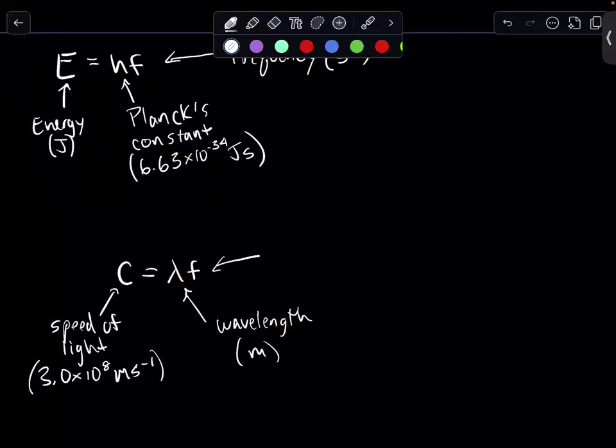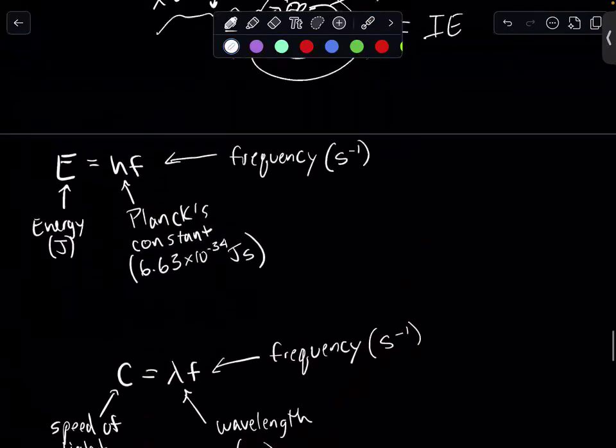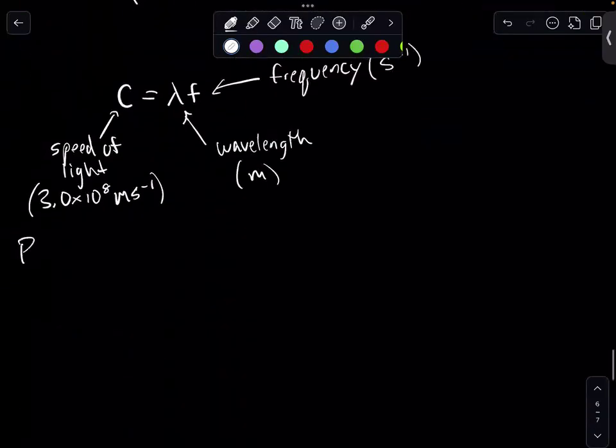And we have, once again, f, our frequency, which is measured in seconds to the negative 1. And once again, dimensional analysis shows us that if we take seconds to the negative 1 times meters, we get meters seconds to the negative 1, or meters per second, which is a speed. All right. So how do we actually use this to calculate ionization energy? The best way is to do some practice.